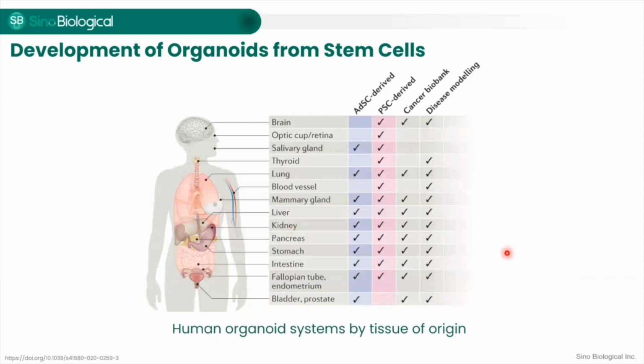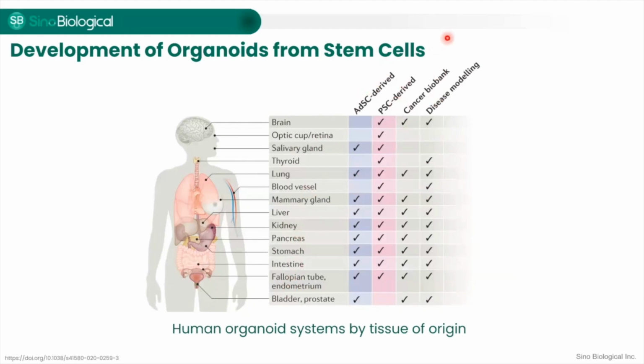Now, here is this chart where we can see summarized information on the type, either the pluripotent stem cells or adult stem cells, and their biobanking status and their ability to model the different diseases. And from this, we can see that each type of stem cell is helpful in generating different key organoids.